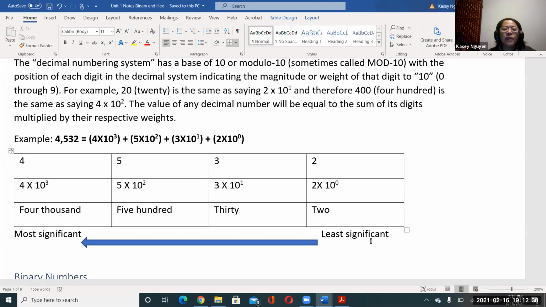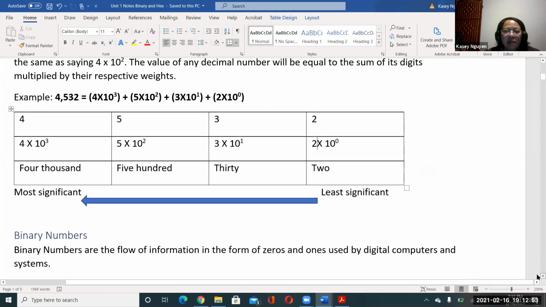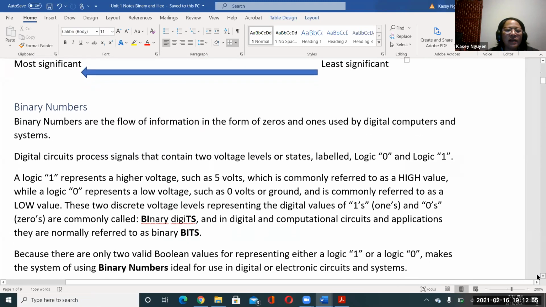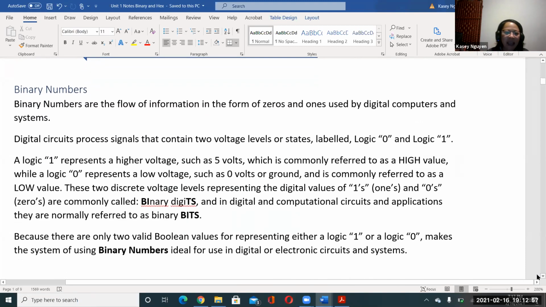So if we count this way, how can we create something that would mimic that, but on a larger scale? So what happens is that they implemented the binary system, and the bit is the smallest unit of data, the smallest unit of information, that's what you would see.